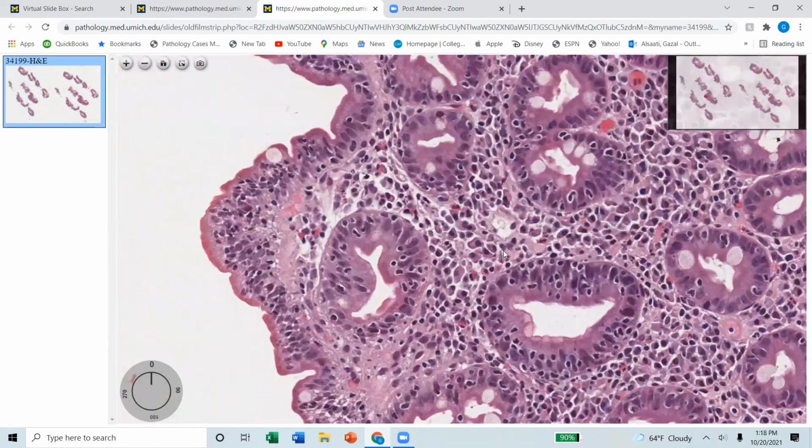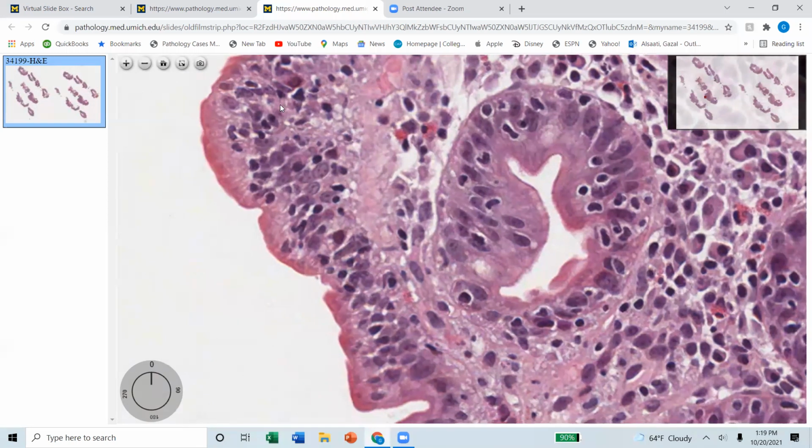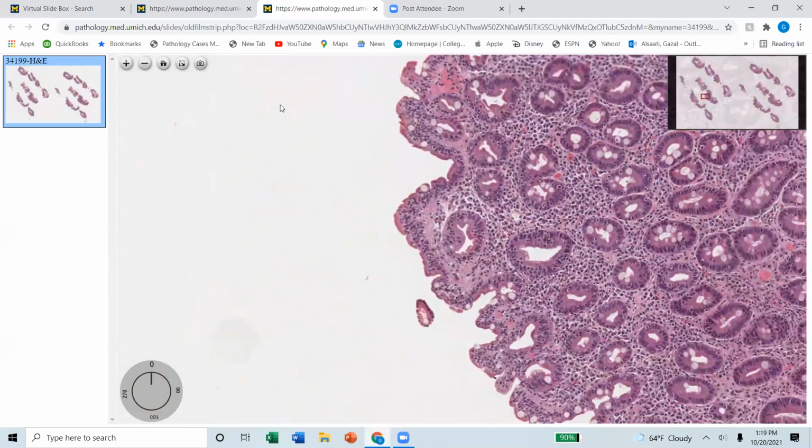Here's 1, 2, 3, 4, 5, 6, 7, 8, 9, 10, 11, 12, 13, 14, 15, 16. If I am really in doubt, I want to see more than 5 lymphocytes in the tip of the villi. Number 1, I have blunted villi. Number 2, I have increased lymphocytes.